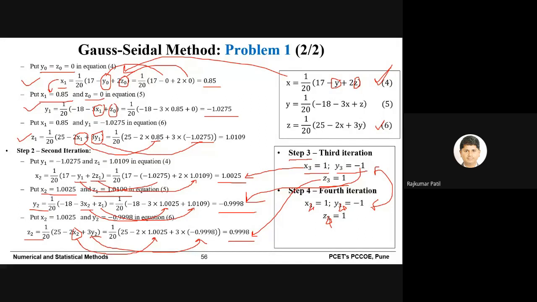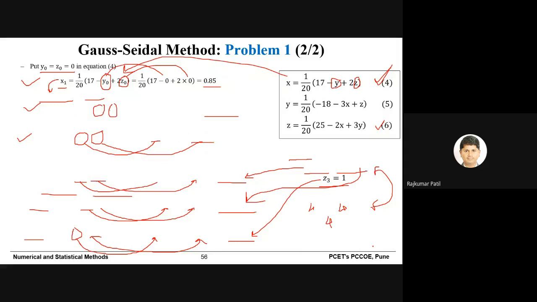So you can say that you need to stop at iteration number 4, and the solution of the simultaneous equations is x equal to 1, y equal to -1 and z equal to 1. So this is the answer for this particular problem by using the Gauss-Seidel method.